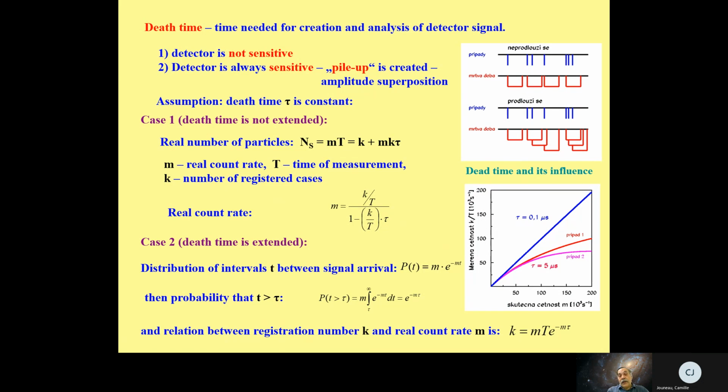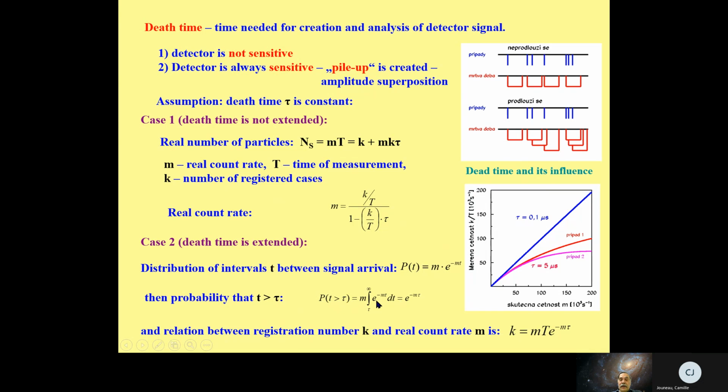It's necessary to start from the distribution of intervals between arriving signals and the probability that this time will be longer than this dead time.